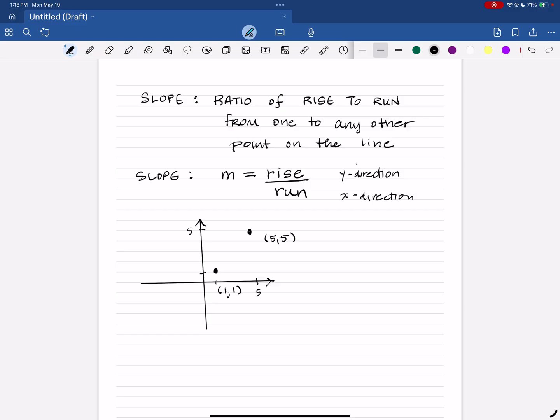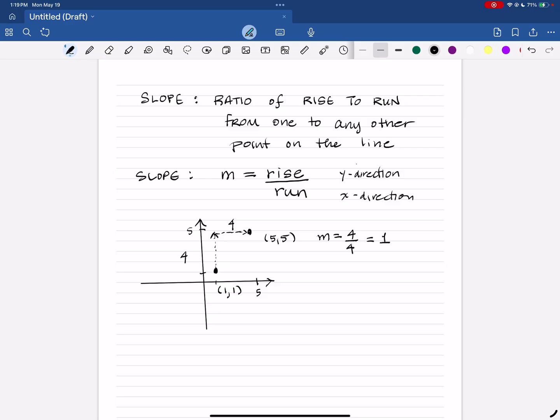If we measure how far we have to go up, that is in the y direction, that would be 4 spaces. And then we would measure how far we went over, to the right. That's also 4 spaces, because from 1 to 5 would be 4 spaces. And so our slope would be 4 over 4, which can also be reduced to 1.